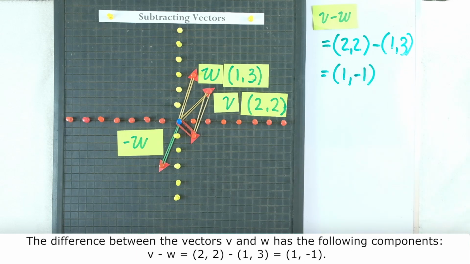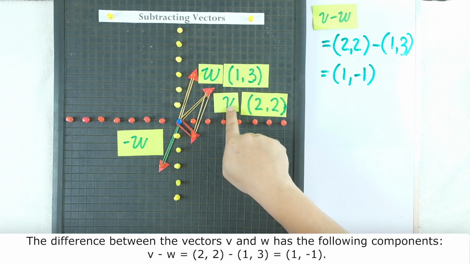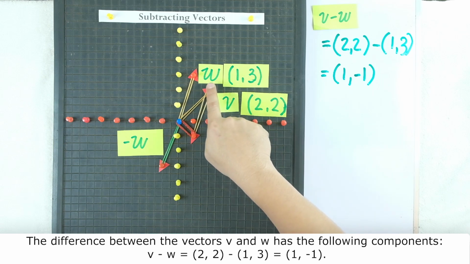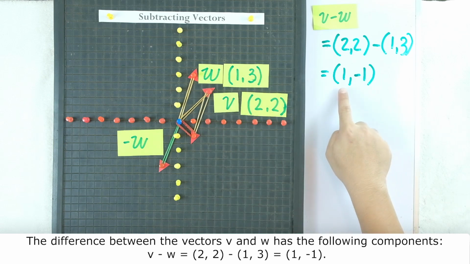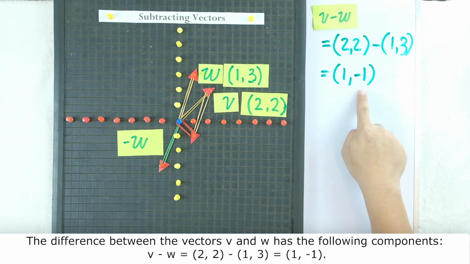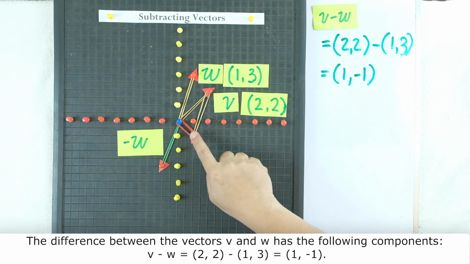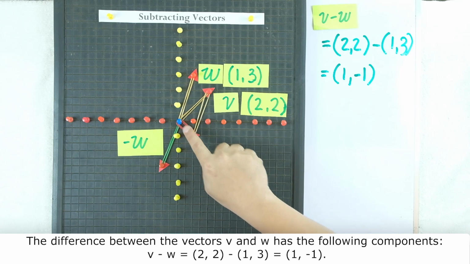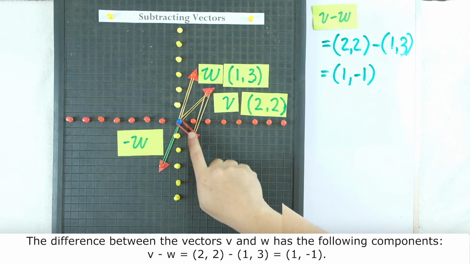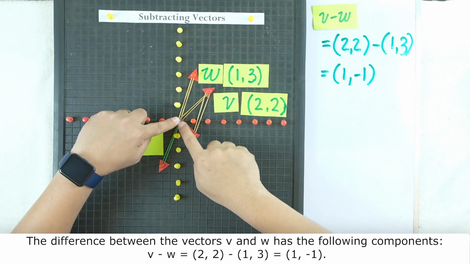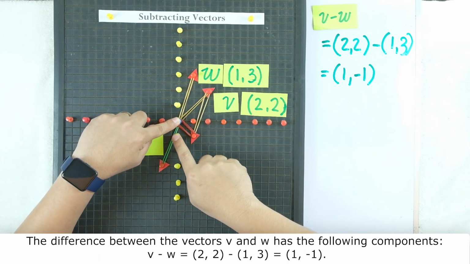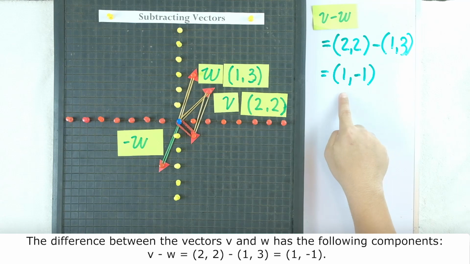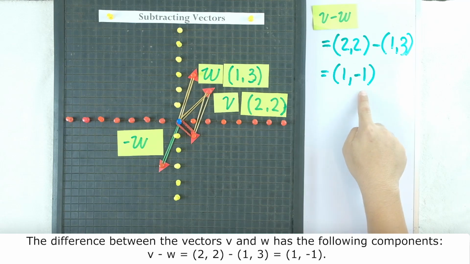So the difference between the vectors V and W has the components 1, negative 1. Let us check. So this is our difference, and it has the components 1 for X, negative 1 for Y. So again, that is 1, negative 1.